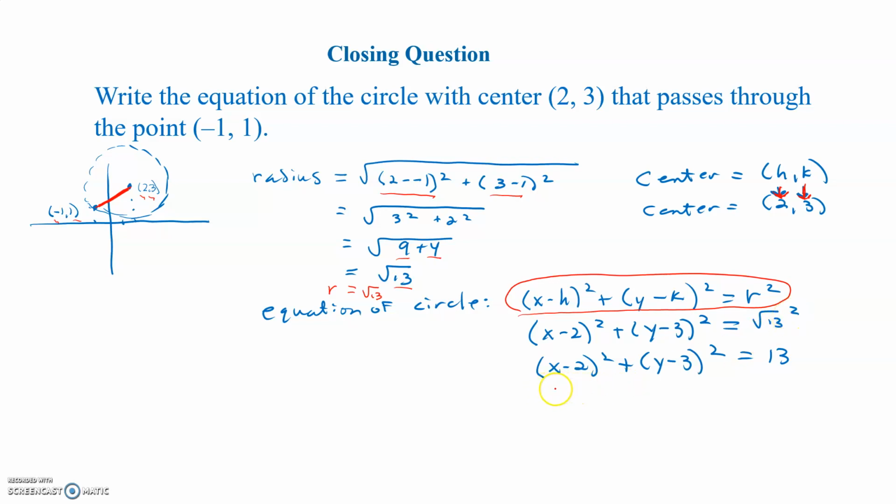And then I just went one step further and squared the square root of 13 to become just 13. So there is my grand finale answer. So that is a little review, going a little bit deeper than we did last time, into equations of circles.